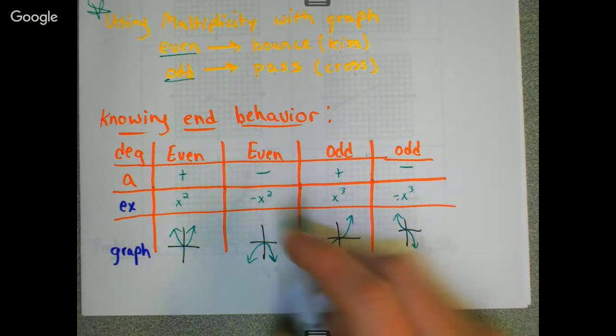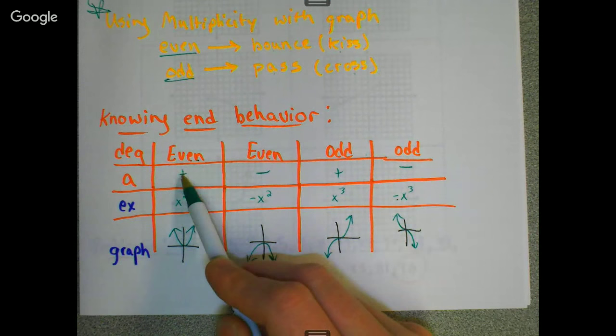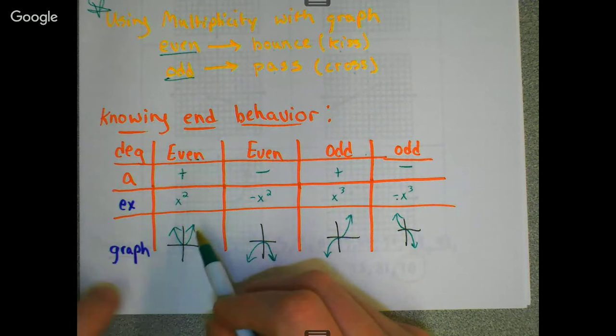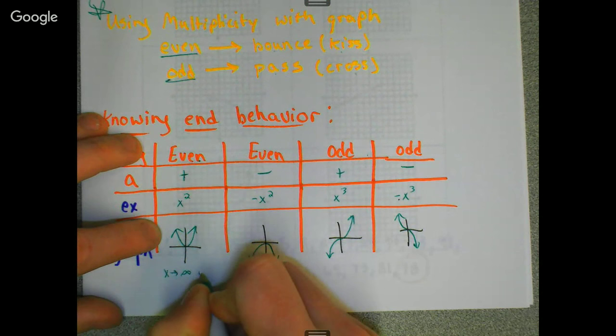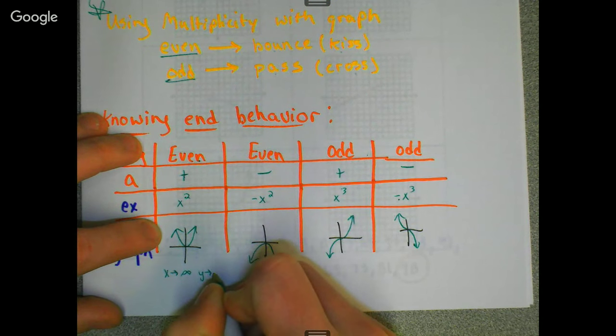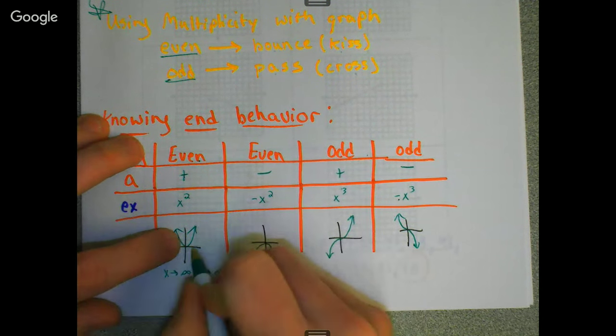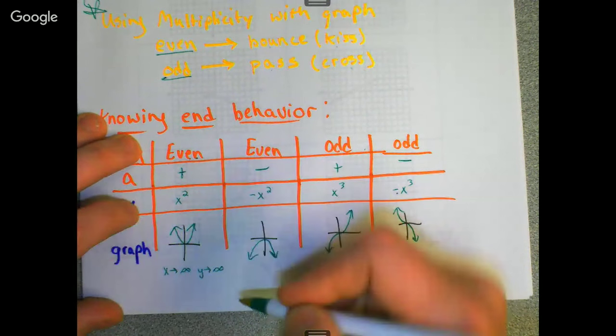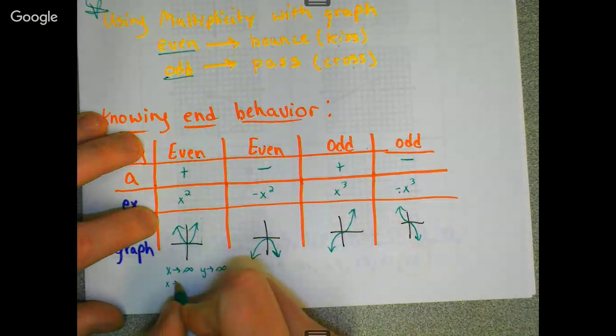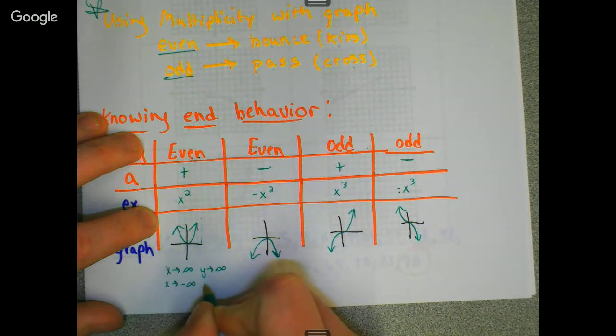Okay, so if it is even and the A is positive, what is happening to my end behaviors? Well, as x goes to infinity, y goes to infinity. So as this number here is getting bigger, so is that value there. As x goes to minus infinity, y still goes to positive infinity.